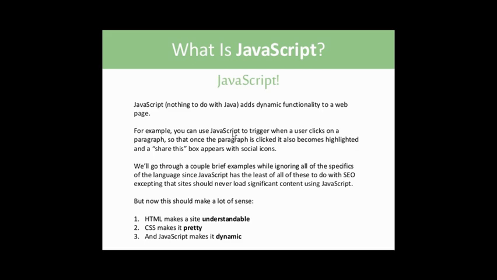We will understand how we add these functionalities one by one by implementing JavaScript code. As we learned, HTML makes a site understandable, CSS makes it pretty, and JavaScript makes it dynamic.